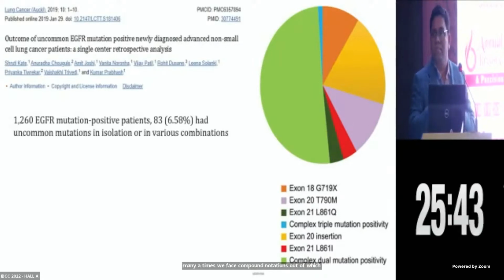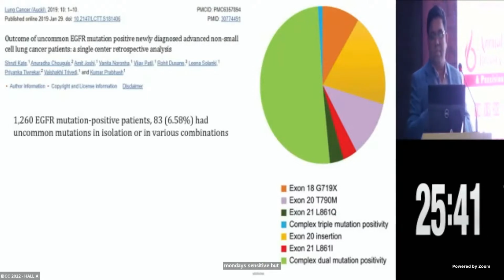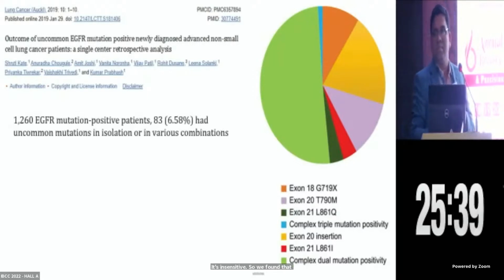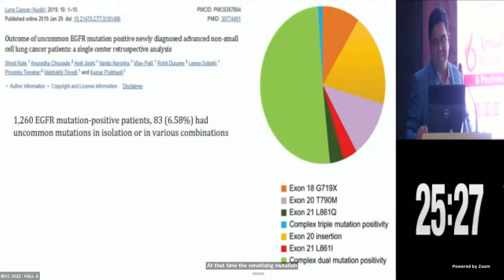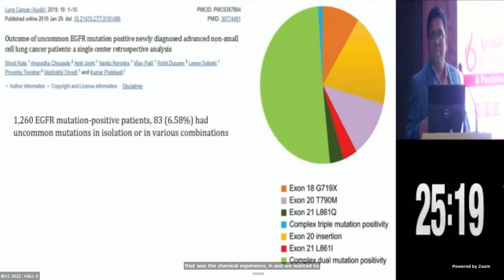So we found that when T790M is present in the primary tissue, which has not been exposed to EGFR agents, at that time the sensitizing mutation dominates, and those patients derive benefit from TKI therapy. So that was the clinical experience, and we wanted to see how it comes out with the entire statistics.